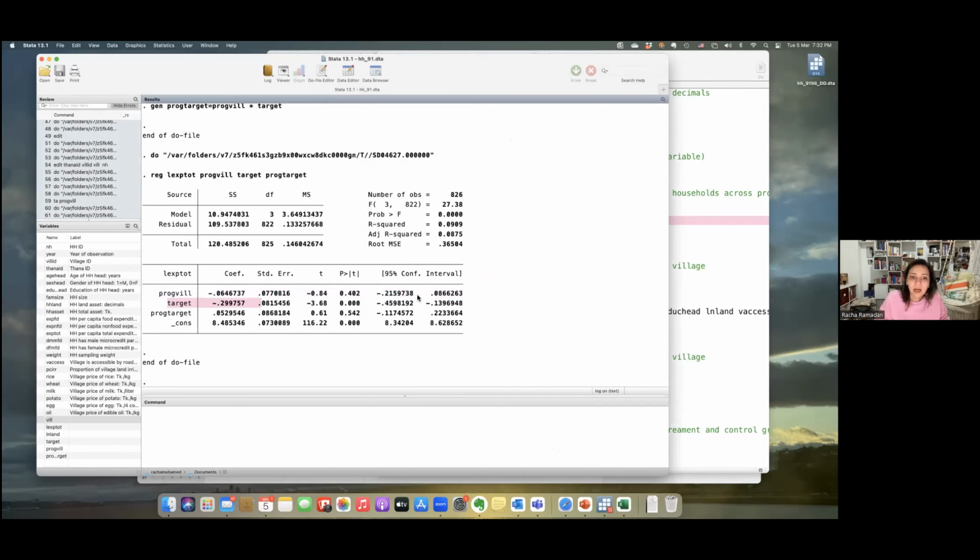Being a targeted household, which means being a household with land less than half an acre, has a significant effect on your total expenditure per capita. And as expected, when you have land less than half an acre, which means that you are poorer, your total expenditure is lower.